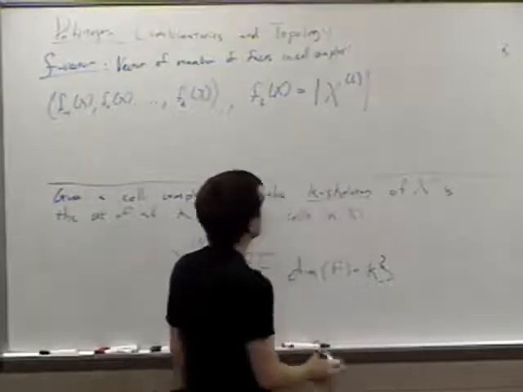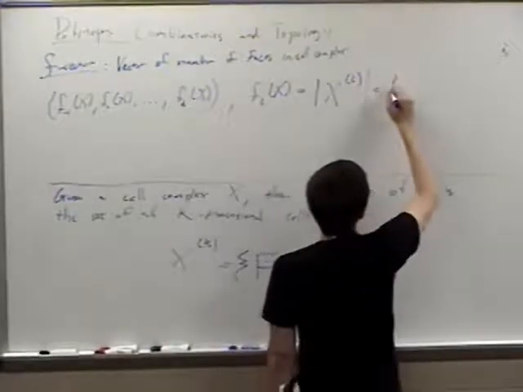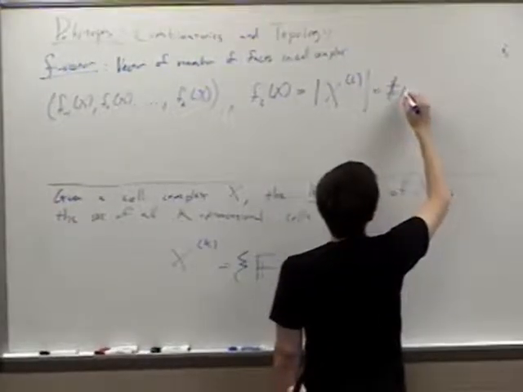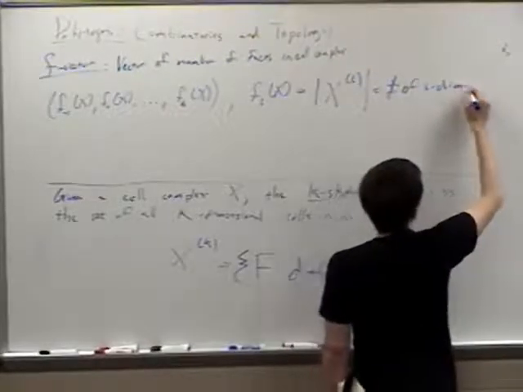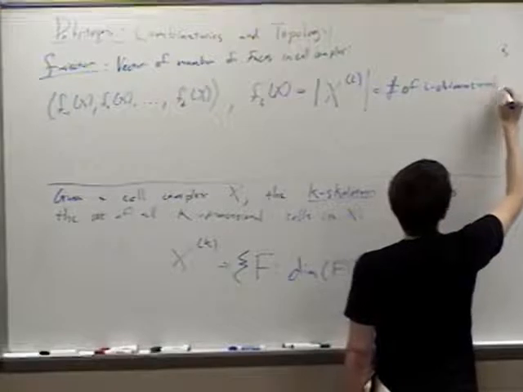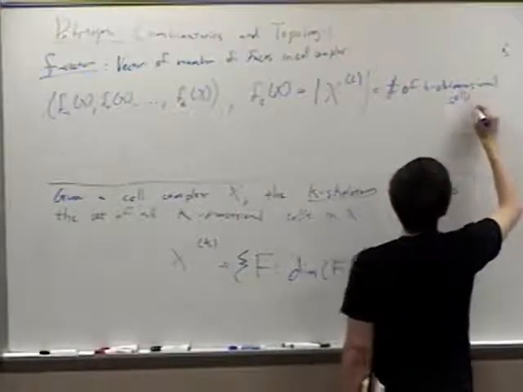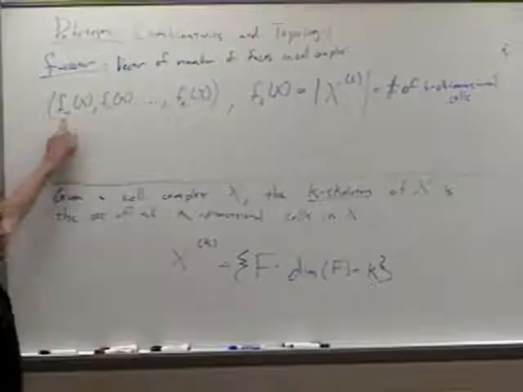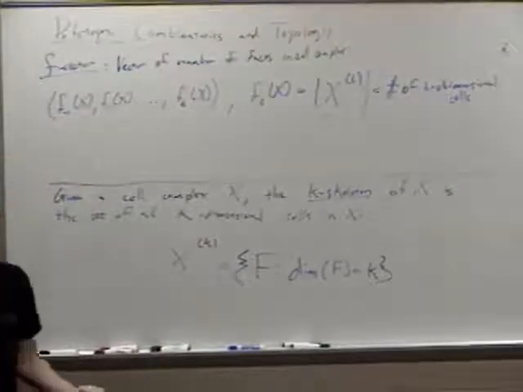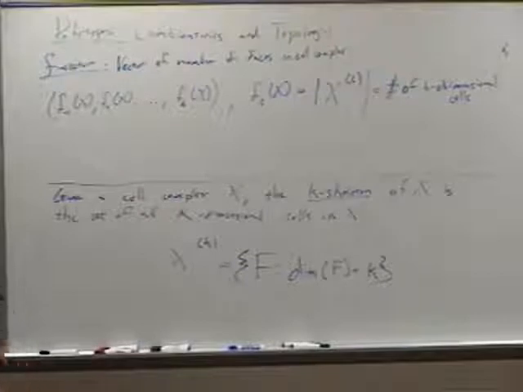So we can think of this as just the number of I-dimensional cells. So, for example, f negative 1 is always 1 because every cell complex has to contain this empty set.